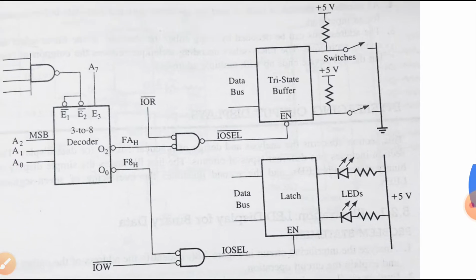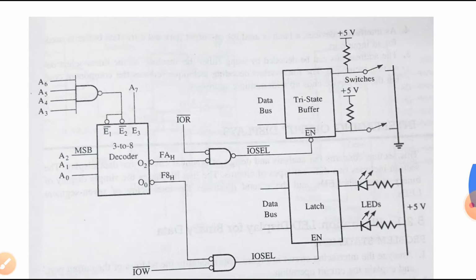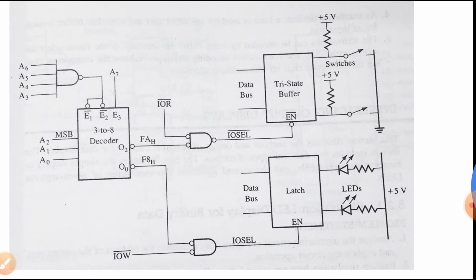Now as far as this figure is concerned, the input output select pulse is going to enable the LED, that is the one below, the LED with the output port address. What will be the output port address of that? That will depend upon the value which we give in the form of A0 to A7, and upon the output O0.